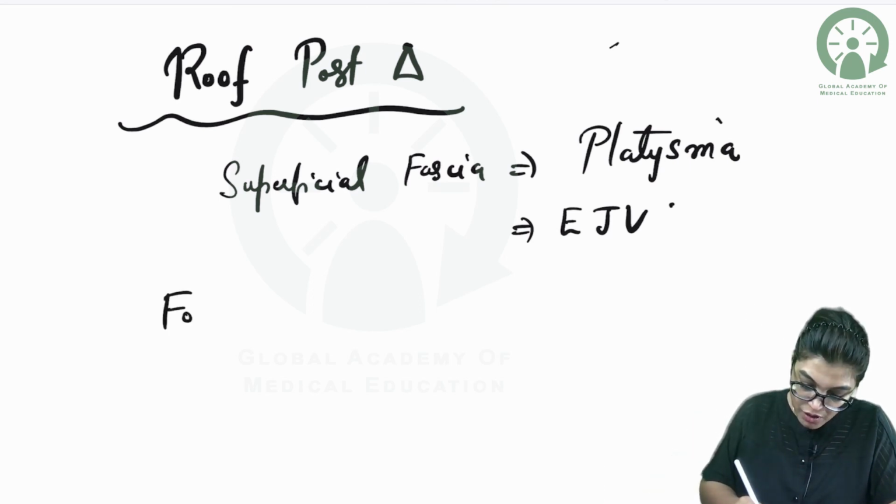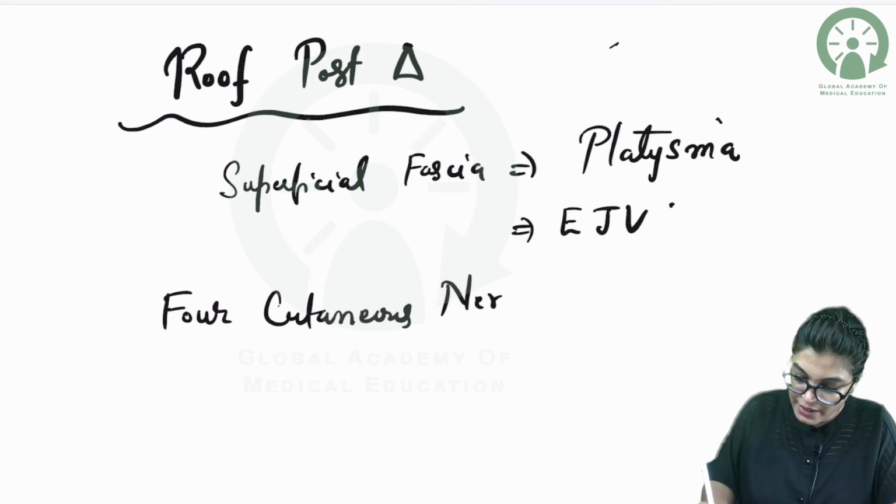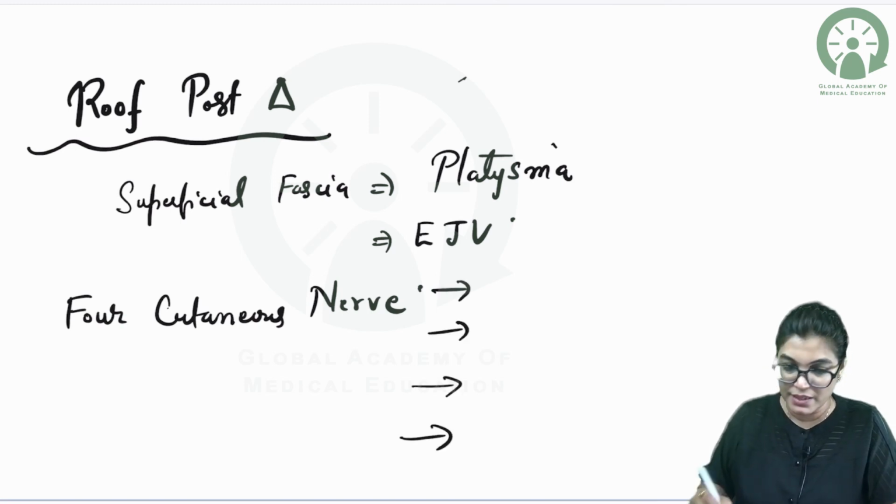It also contains 4 cutaneous nerves. And what are they? 4 cutaneous nerves residing in the roof of the posterior triangle. Please write down the names of the 4 cutaneous nerves.